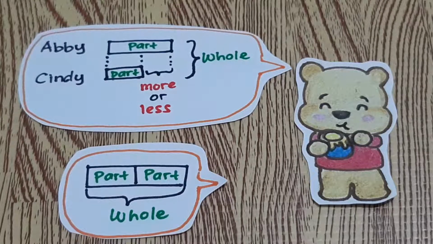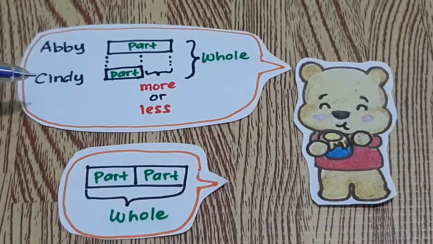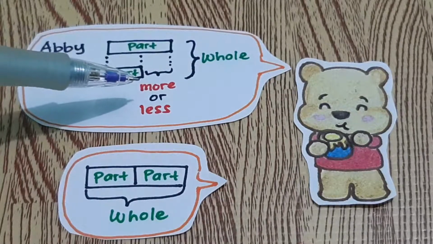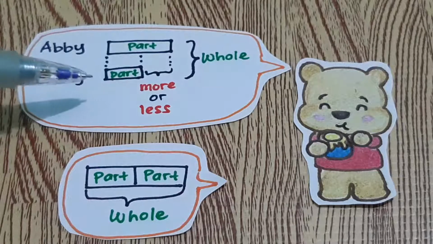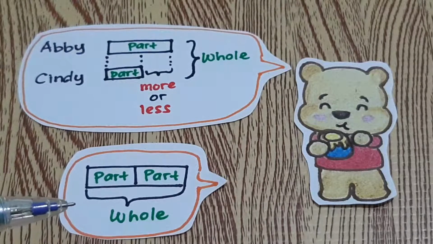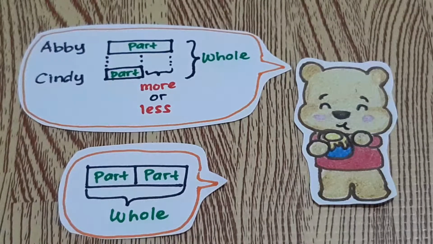Yes, the comparison model is the one at the top. It is comparing Abby and Cindy. Part, whole, and the more or the less is over here. Now, the second model is a part whole model because it is not comparing. Remember, when you are comparing two things or more than two things, you use the comparison model.